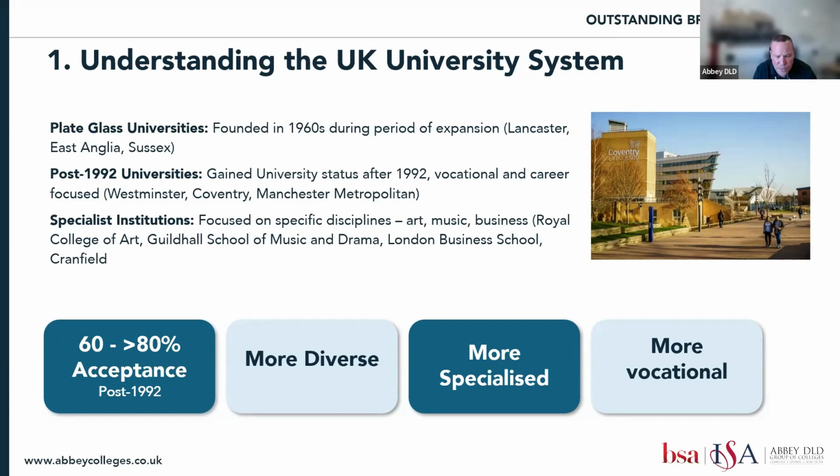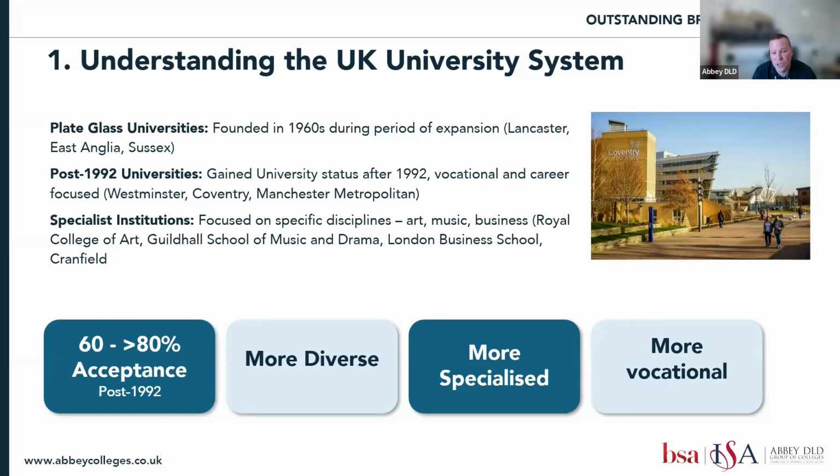Again, these are universities that existed pre-1992, but were more vocational colleges, which meant they were preparing students for a particular type of work, or their study was more practical rather than theoretical. So these were granted university status after 1992. And you can see some of the more prominent universities listed there below, places like Coventry, which again is usually ranked pretty highly in the national league tables, Manchester Met, Westminster.